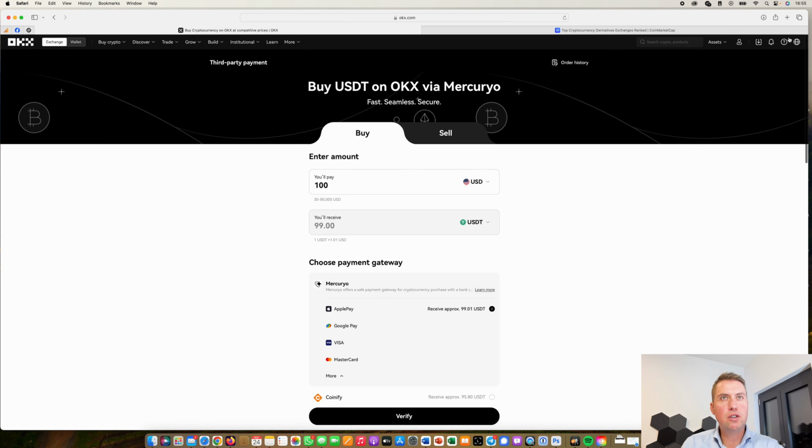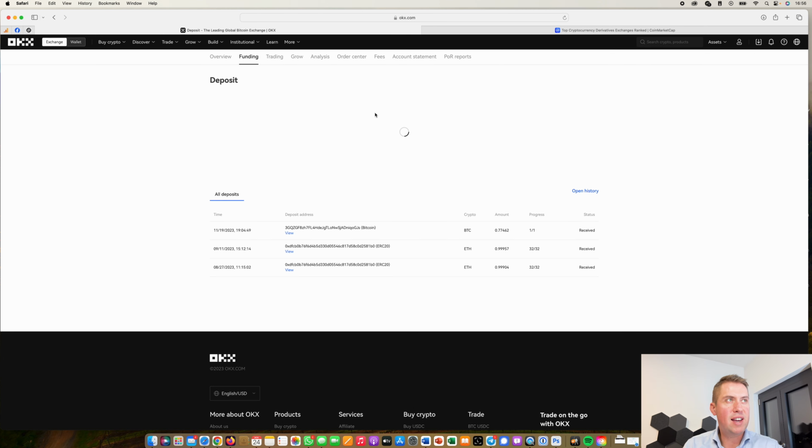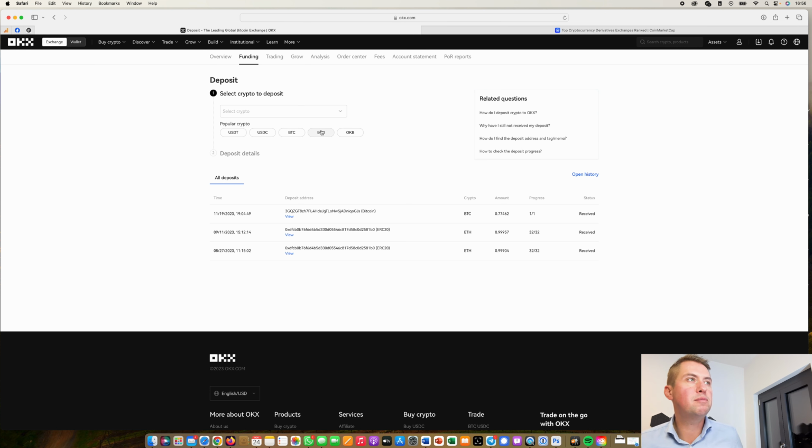The best way is to deposit cryptocurrencies on the exchange. For example, I have a Coinbase account as well. I'm in Germany, so I deposit euros to Coinbase, exchange them to USDT or Ethereum, and then send them to OKX.